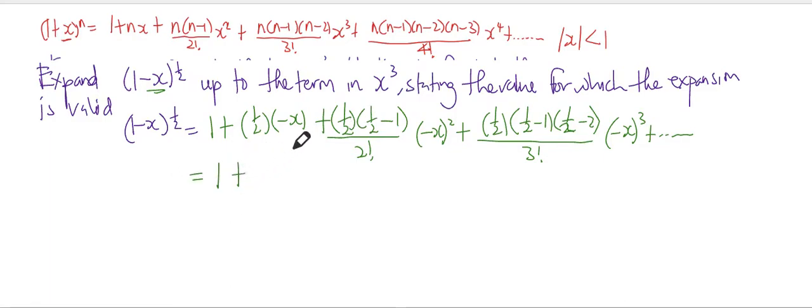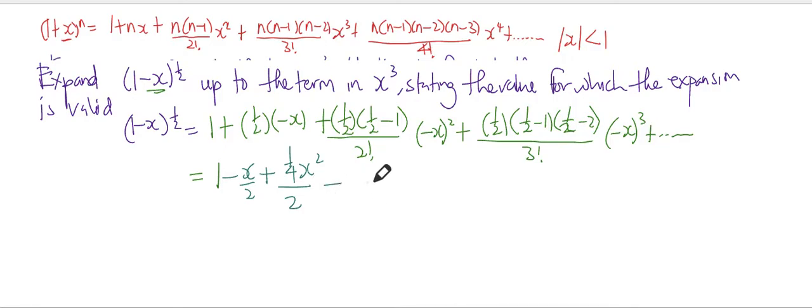1 plus, sorry, it should not be plus, it should be minus. Why? Because it's negative x. So 1 minus x over 2 plus 1 over 4 x squared, because negative x to the power of 2 is positive, and 2 factorial is 2. And then since it's cubed, it should be negative, so I'm going to write negative over here.